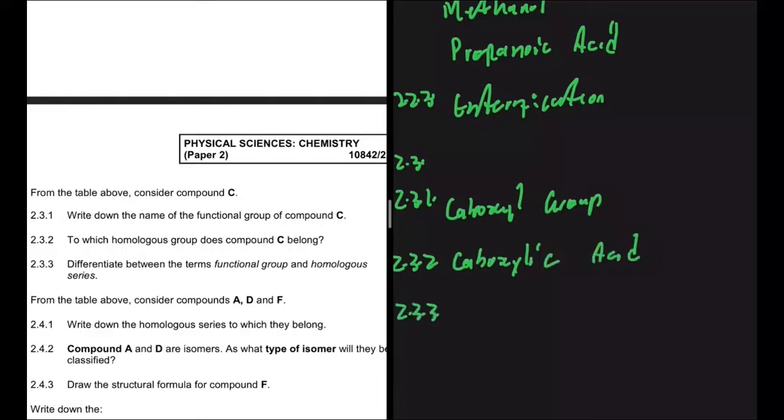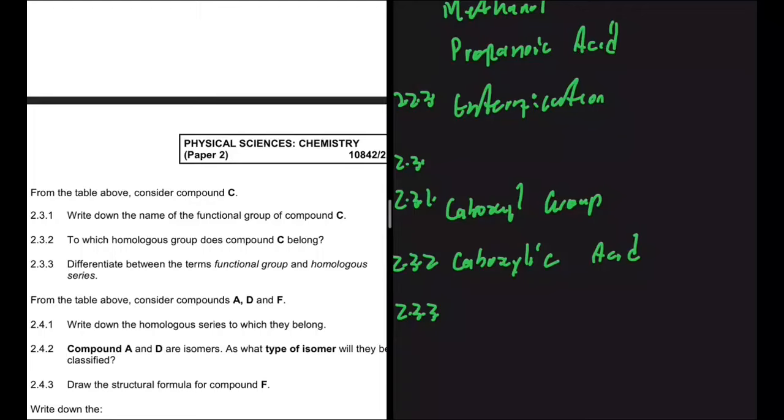2.3.3, differentiate between the terms functional group and homologous series. This question is actually just asking you to define homologous series and functional group. So let me just remind you, homologous series is a series of organic compounds that can be described by the same general formula.